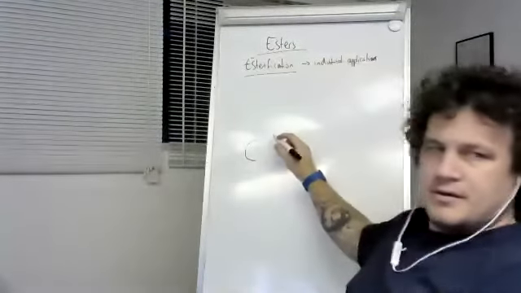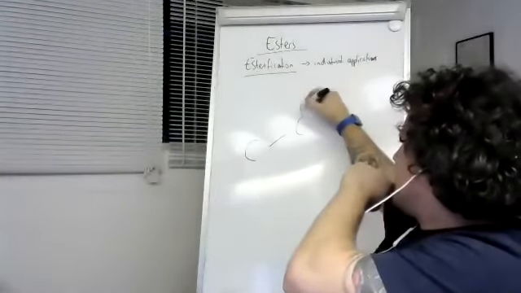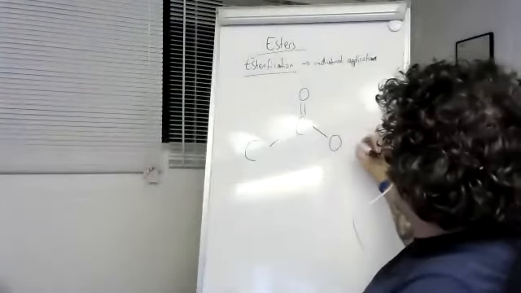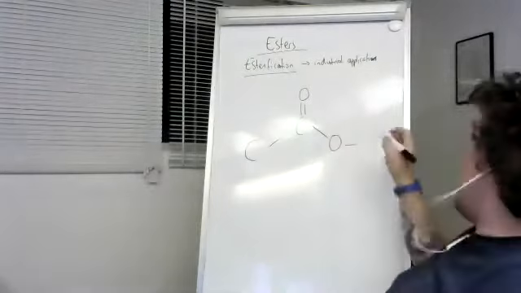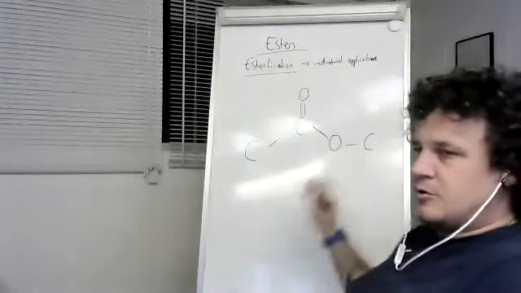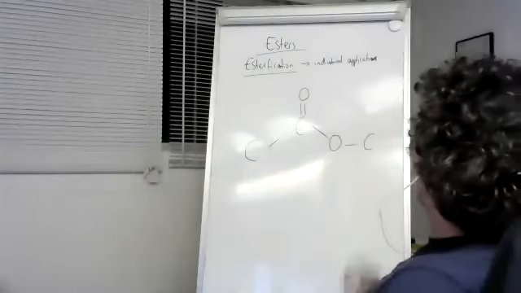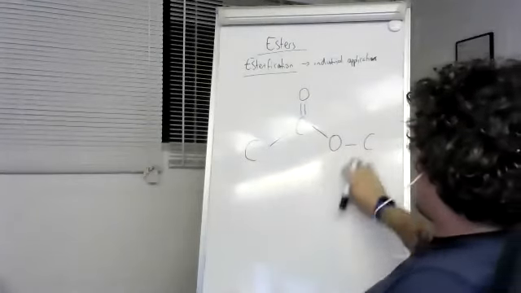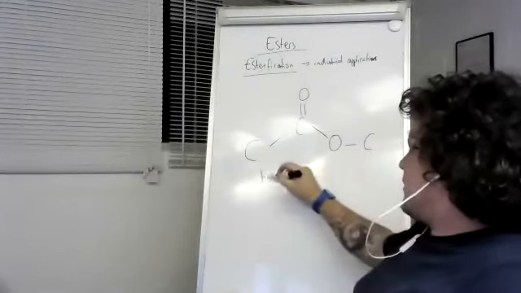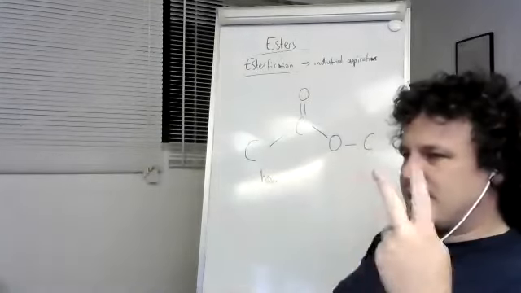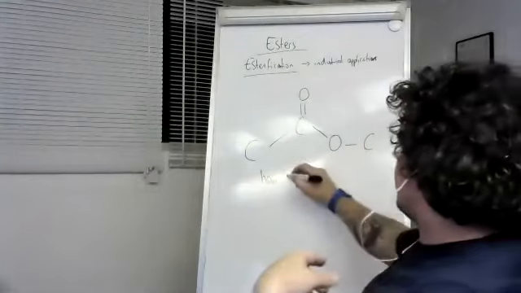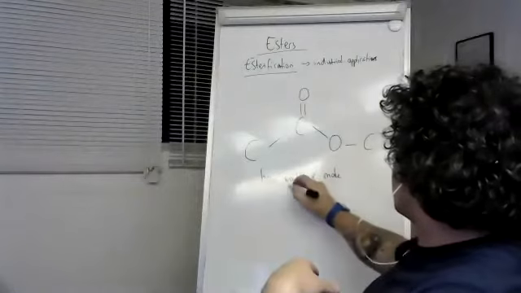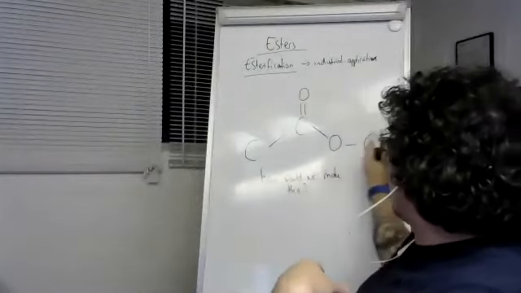We then have a carbon here, a double bonded oxygen. Oh, sorry, and then a carbon here. Have a think. How would we make one of these? Or what 2 organic molecules will we need to put in there to make this? Just by looking at this here.